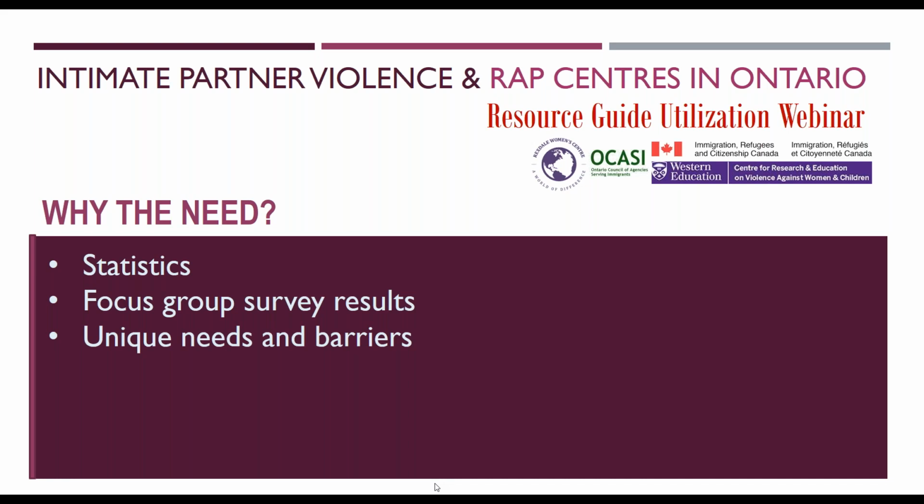Within the resource guide, we talk about it a little bit more, but here's what some of you said. While the incidence of intimate partner violence in refugee communities is comparable to other communities, and we like to make sure that information is out there, what is unique is the predisposing factors and intersecting issues of violence, including the barriers that women face when attempting to address the issue.